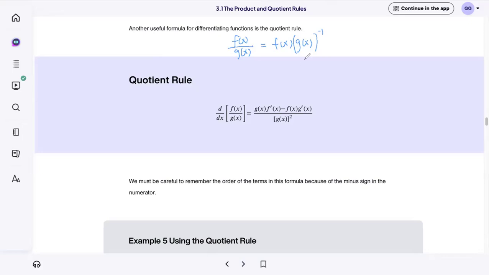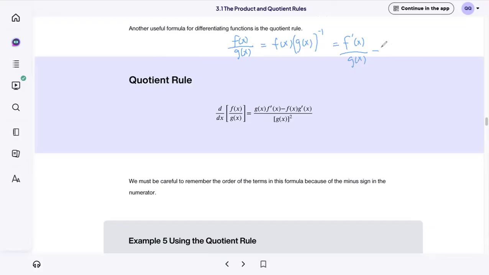Then I use the product rule. I take the derivative of the first one, which is f prime of x, multiply by the second one, which is 1 divided by g of x. Then this should be minus, you will see why, because when we take the derivative of this, it will be -1. So plus -1 will be minus.